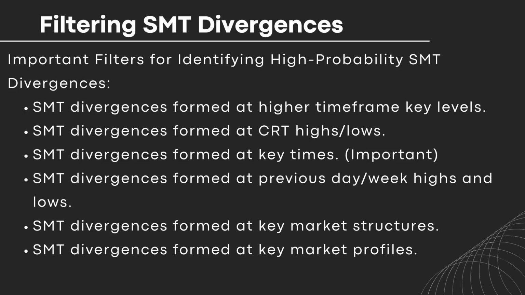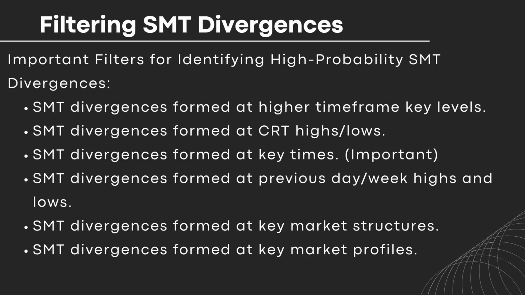Let's say we have two CRTs on two correlated assets, DXY and EU, right? EU takes out a CRT high, whereas DXY isn't able to take out the low and struggles to take it out. This is a non-symmetrical condition, and this increases the probability of the CRT and makes it a high quality CRT for me.